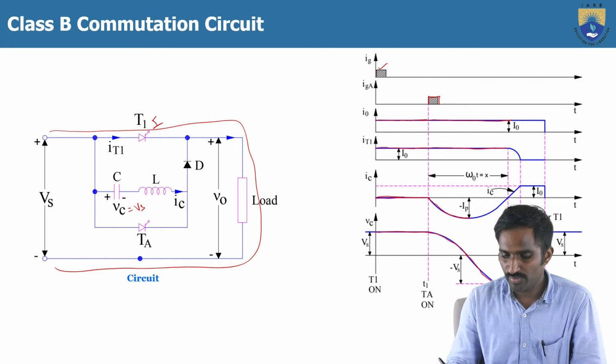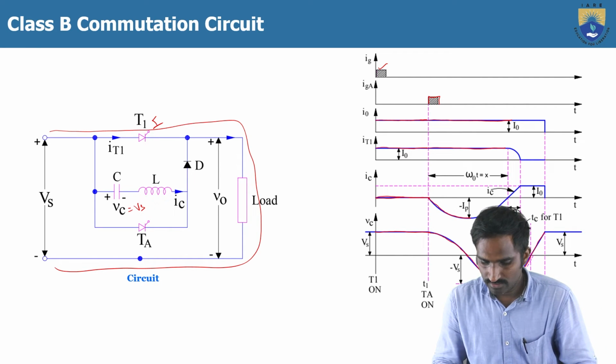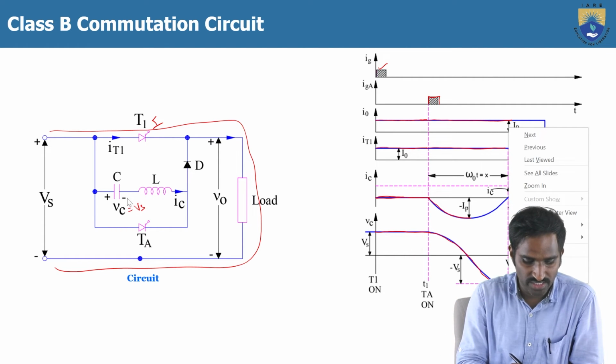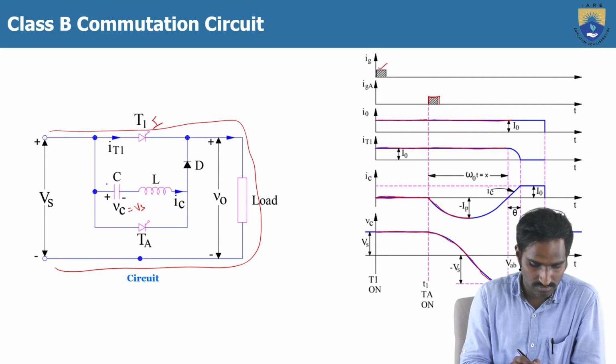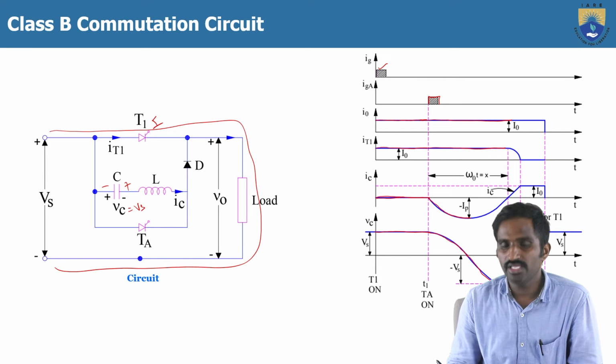When the capacitor is charged up to Vs fully in the reverse direction, the terminals have been changed, like here minus and plus, then the thyristor TA will turn off. So at time T2, the thyristor TA will be turned off.